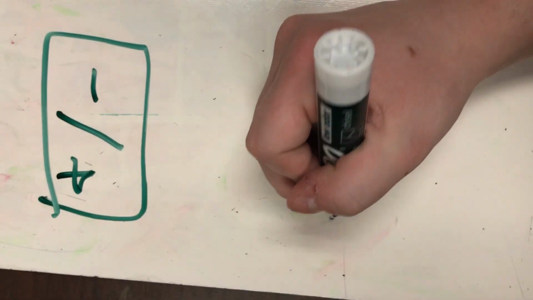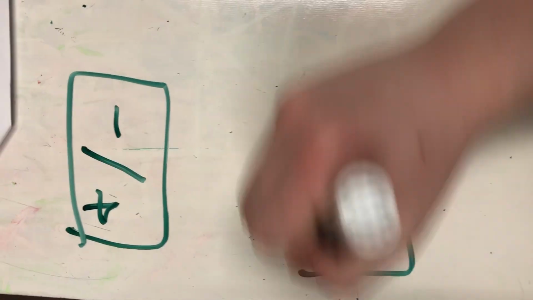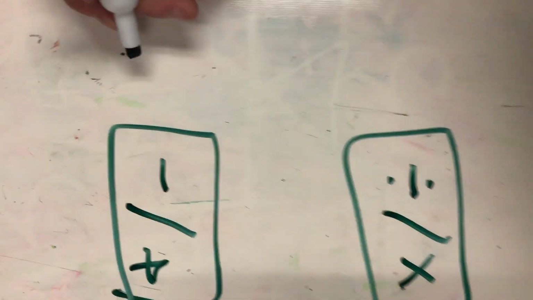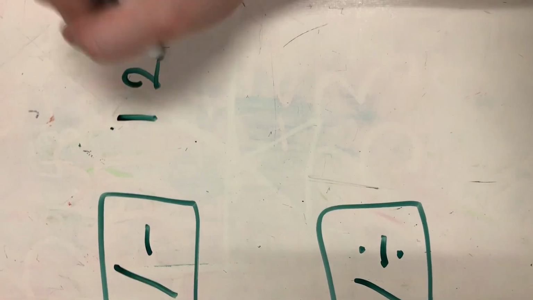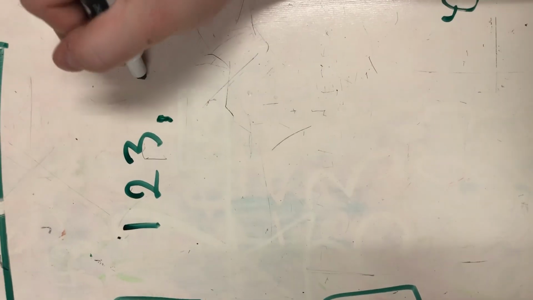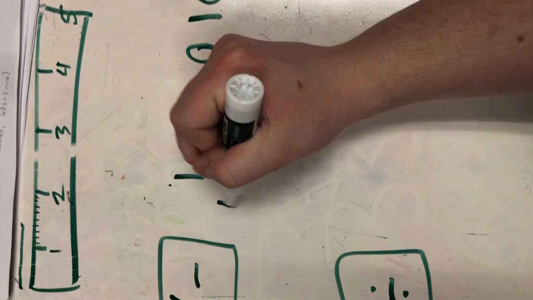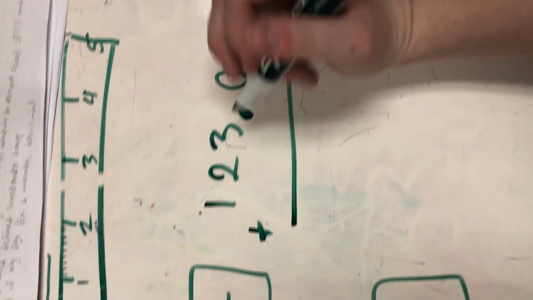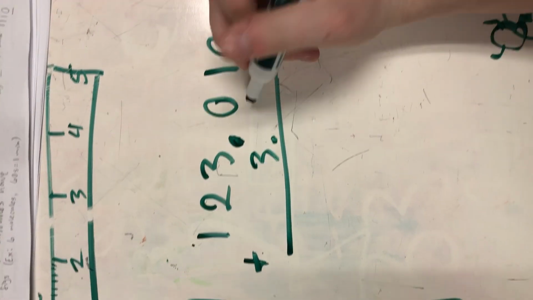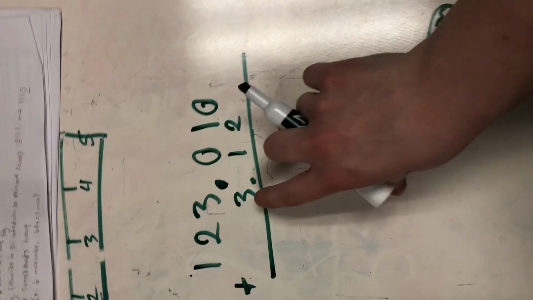So when you're adding and subtracting, what you want to do is find the number of sig figs, line up the decimal point. You're adding, and you want to use the number that has the smallest amount of sig figs.